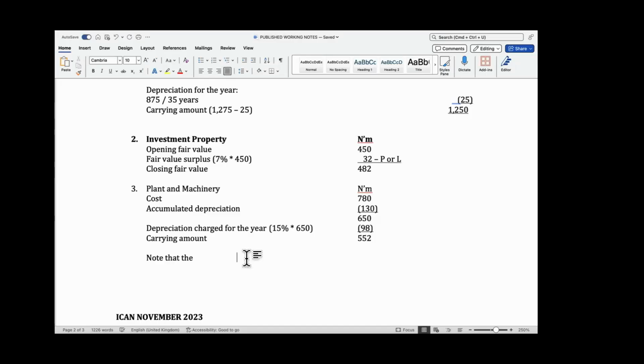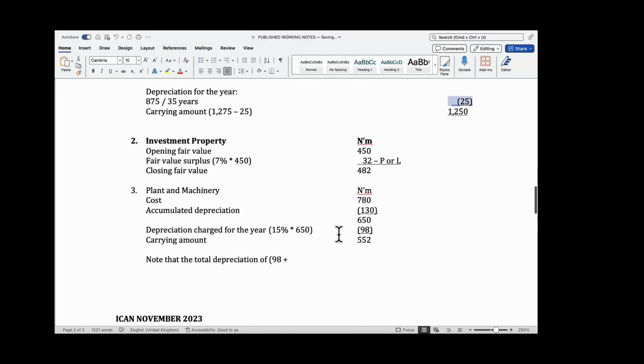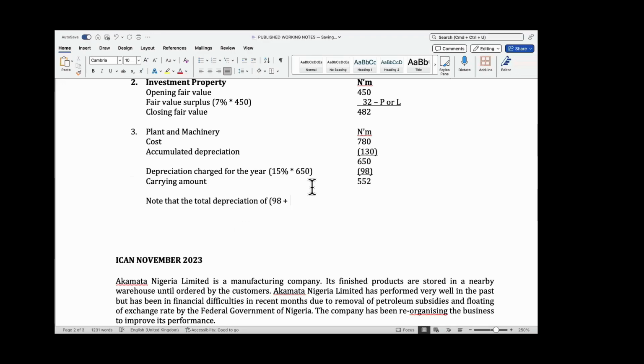So note that the total depreciation of 98 plus 25, what's the addition of the two? 123 should be charged to cost of sales.